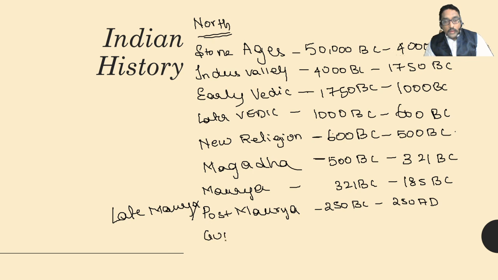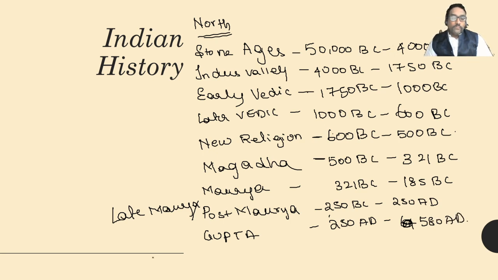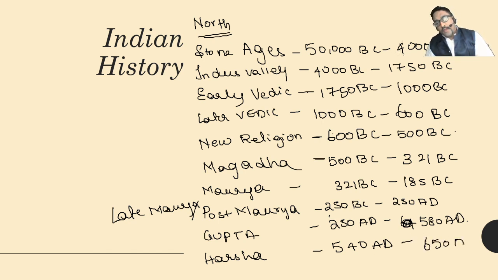Gupta is 250 AD to 580 AD. And Harsha, 540 AD to, you can say, 650 AD, because Harsha died in 647 AD.